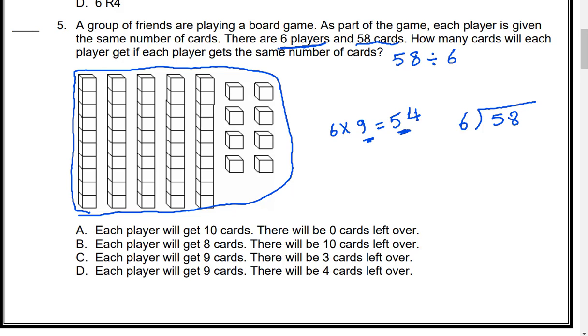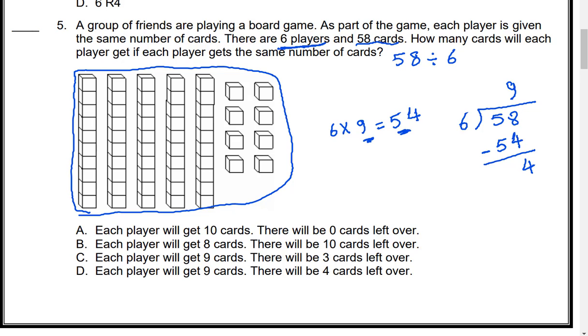Write the 9 in the quotient, 9 up, and 54 down. Now subtract. 8 minus 4. I don't know, Abdulaziz. 4.